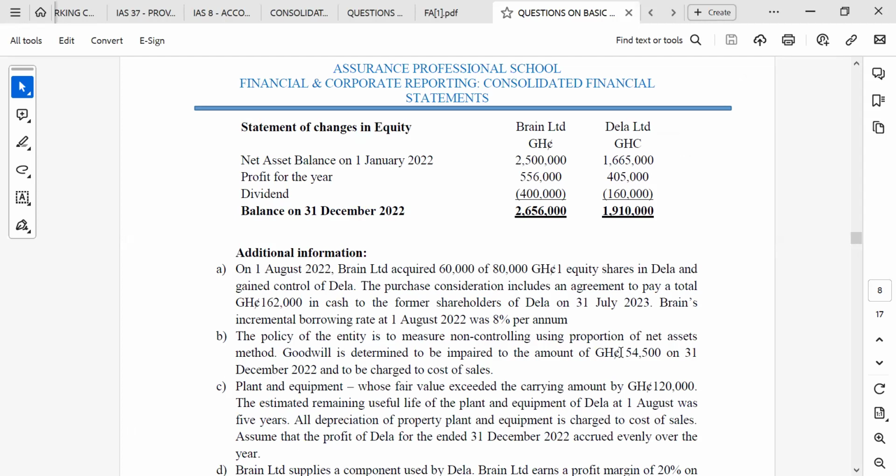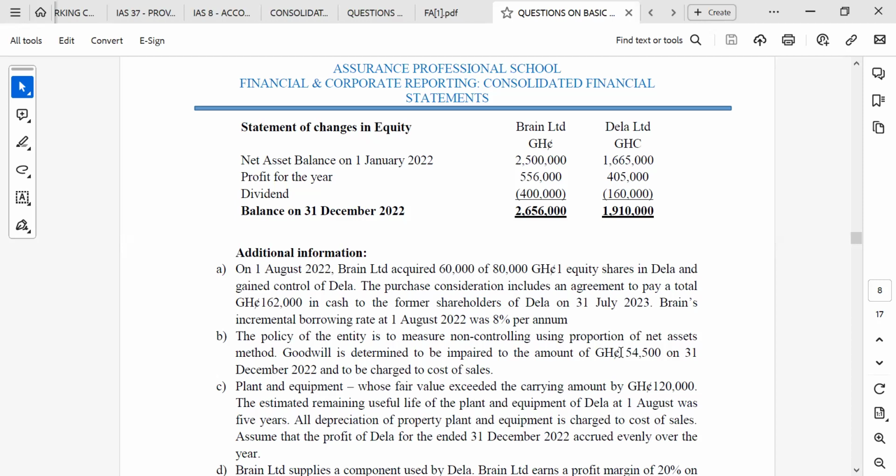But when you are given the impairment of the goodwill, please don't go and do anything like net assets at acquisition, because there is no need for the goodwill unless the question is asking you to calculate it, or the goodwill impairment is given in percentage. So for this one, there is no calculation for goodwill. We don't need it.